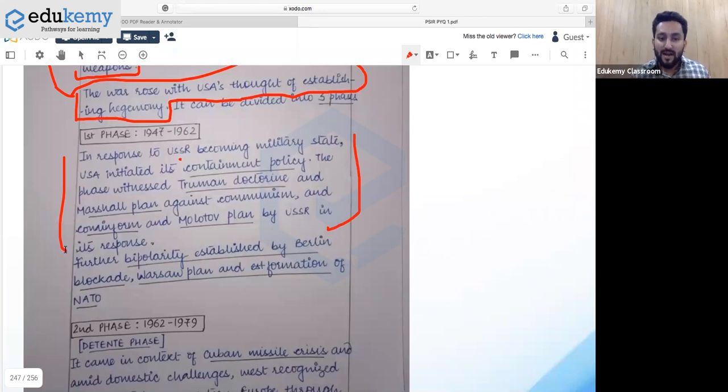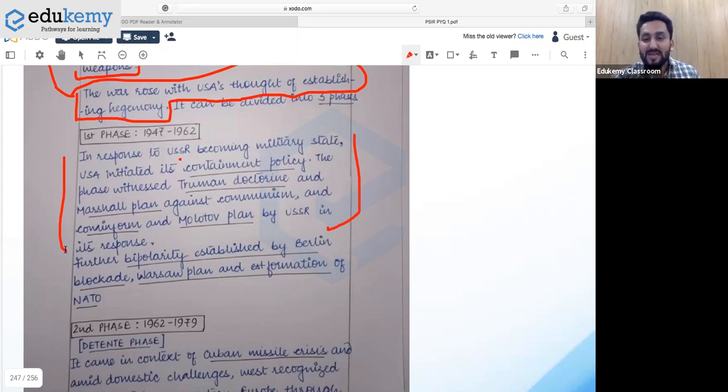So let's establish our influence in Europe through Truman Doctrine, Marshall Plan, by giving huge amount of aids for reconstruction and development of Europe, and bring hegemony in international economic system, so that not only these countries which are coming between USSR and USA, I'm talking about Europe, other countries also became dependent in one way or other on USA. That is from USA's side, okay?